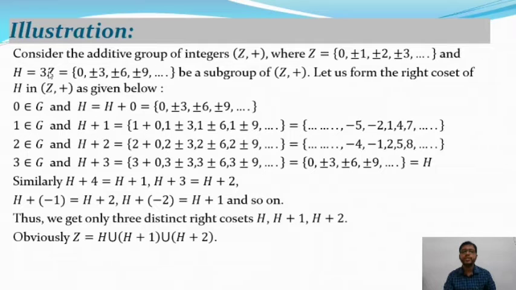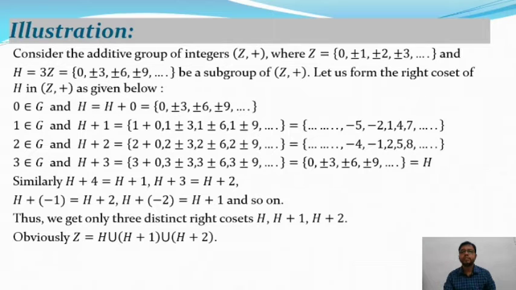The elements of 3Z are 0, plus minus 3, plus minus 6, plus minus 9, and up to infinity. So in that case there are an infinite number of elements as well. But 3Z is a proper subset of Z, that means 3Z is a subset of Z.